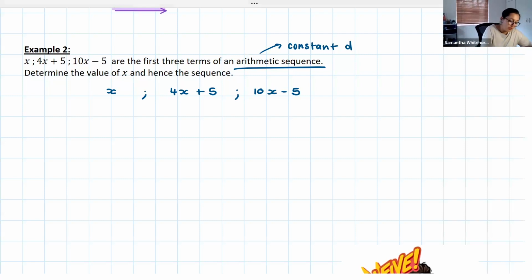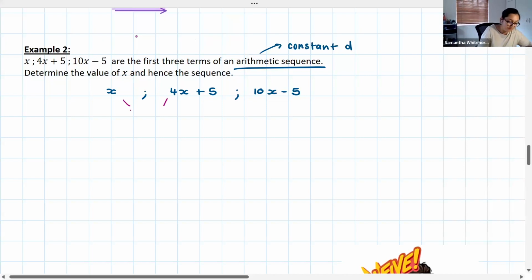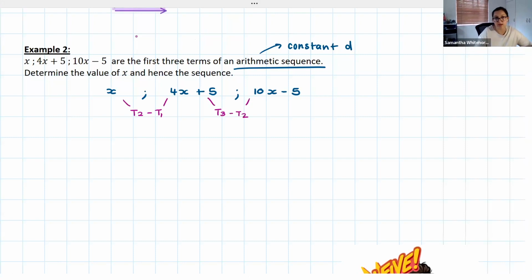Please remember when you're working out differences, this difference here is term 2 minus term 1. The next difference would be term 3 minus term 2. The next one, if we had the fourth term, would be term 4 minus term 3. That's how we work out our differences.